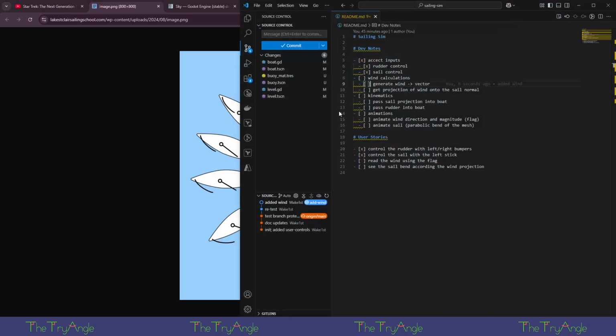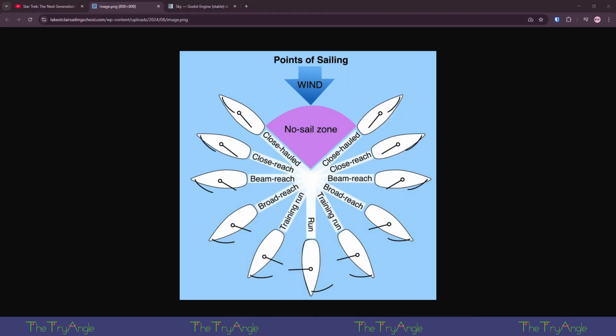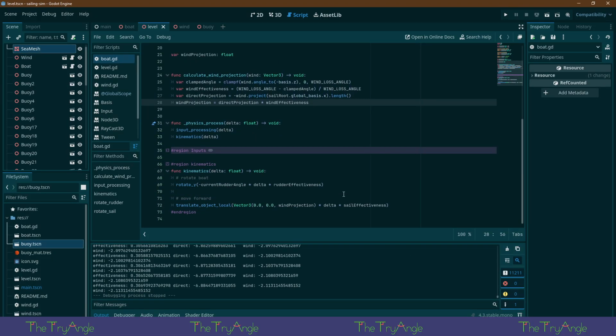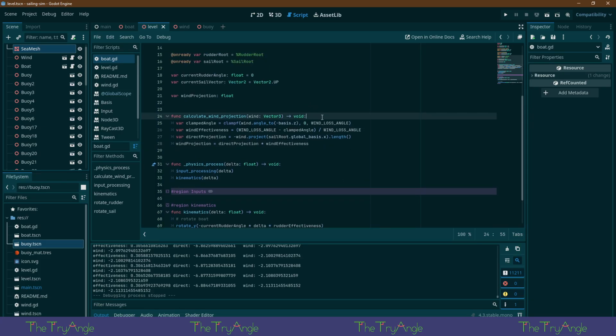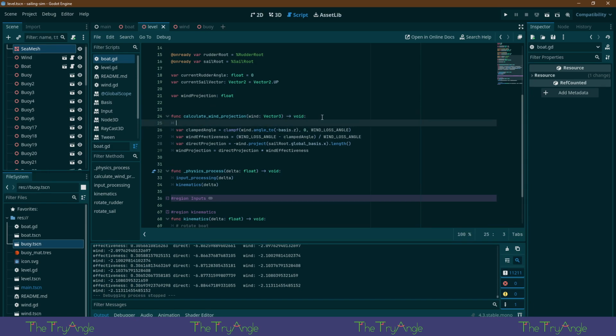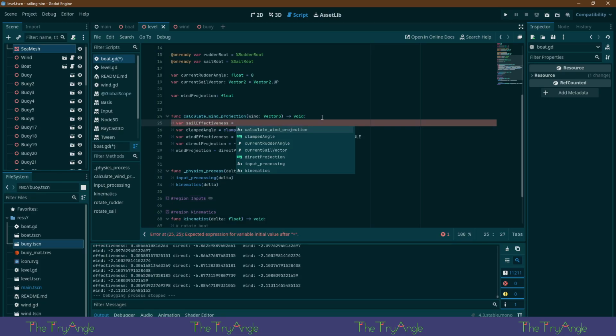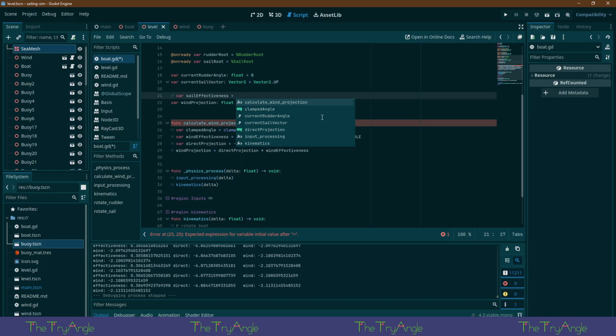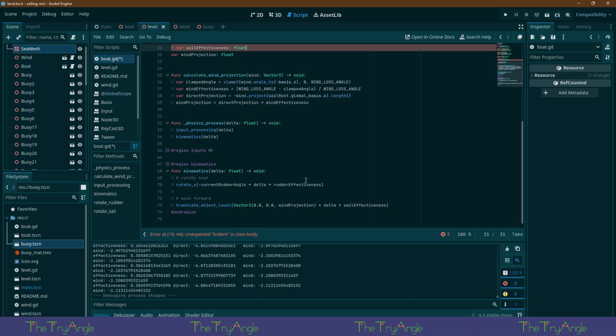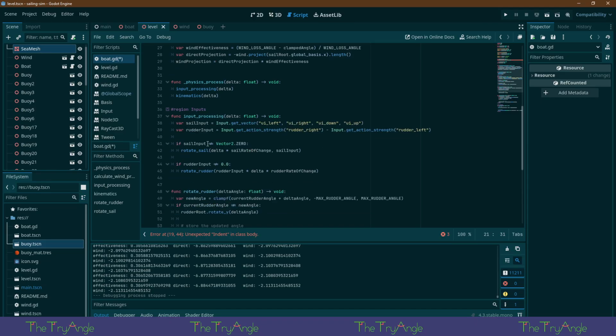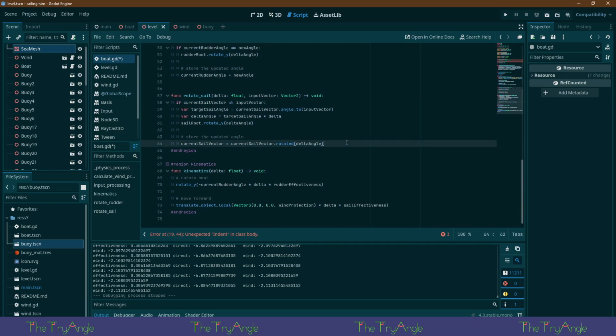I have an idea. There needs to be sail effectiveness. Make that a float. And we'll only calculate it when the sail moves. Cool.